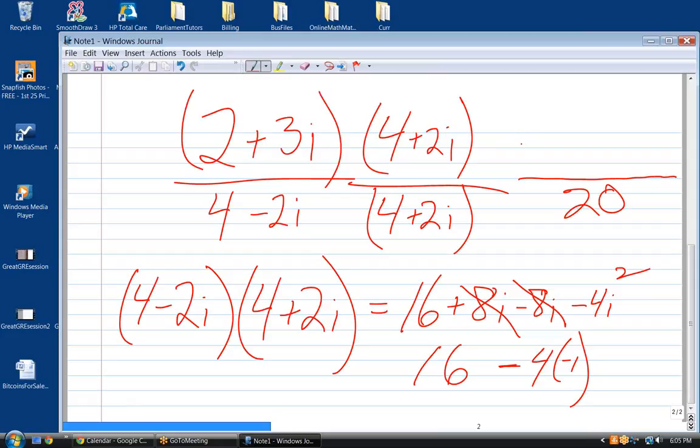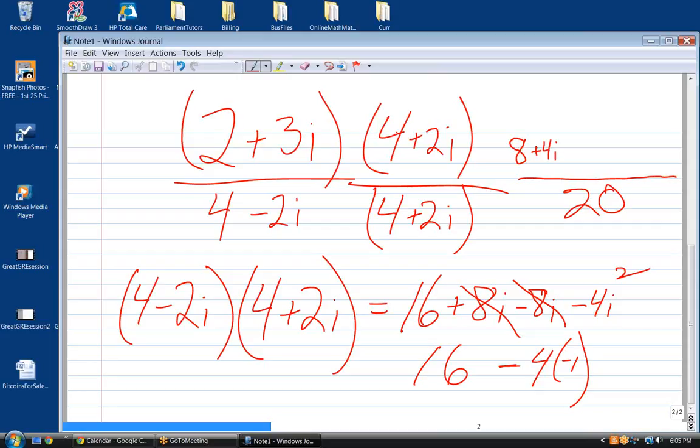It would be 8 plus 4i minus 6i. Hold on. Where are you getting minus 6i from? The 3i. Oh, sorry, not minus. It would be plus 6i. Okay, hold on. When you FOIL it, it's always best to do it in the same order every time. The F stands for first, 2 times 4.